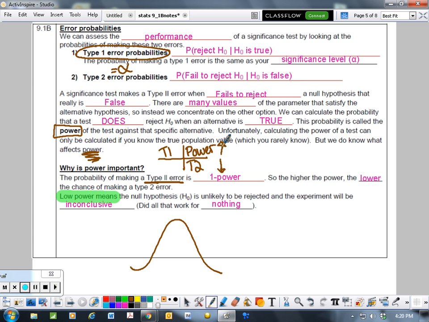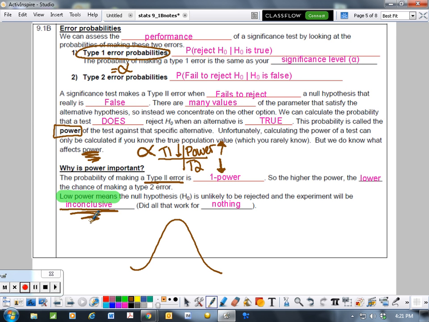So if we can increase power, we can decrease this. And then this is our alpha, so if we want to decrease our type 1 error, we decrease the alpha. We make that way small. And so we've got some things that can help out with that. So low power means the null hypothesis is unlikely to be rejected and the experiment is inconclusive.